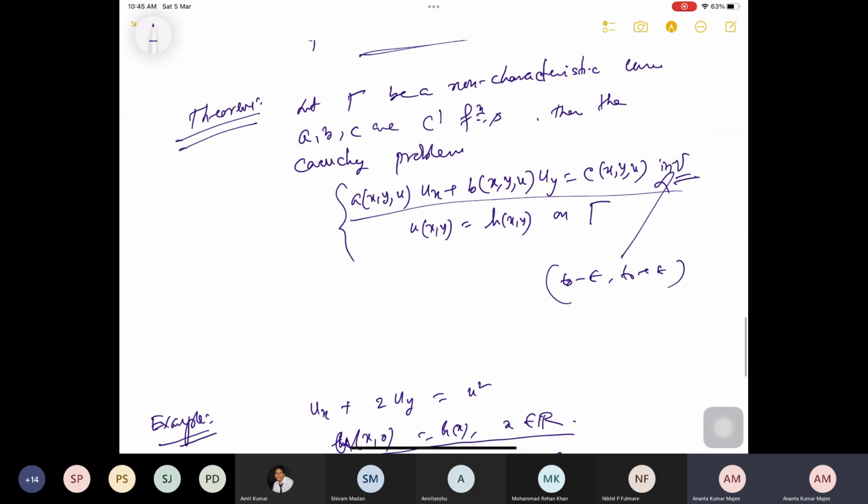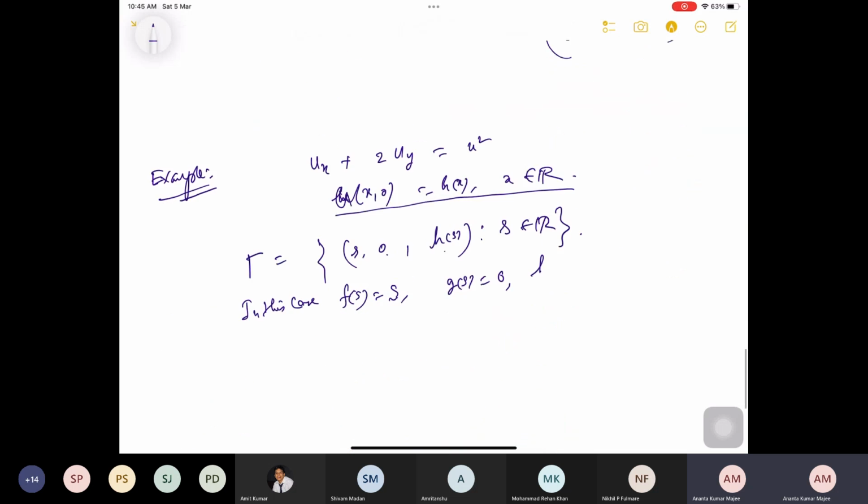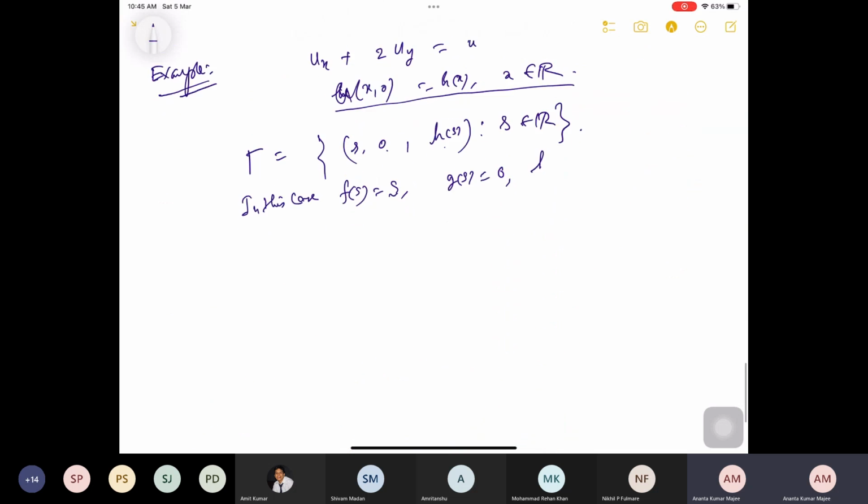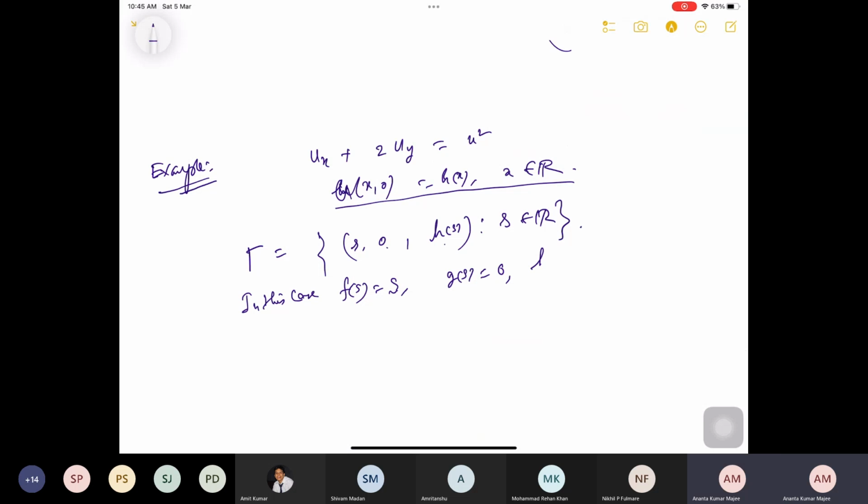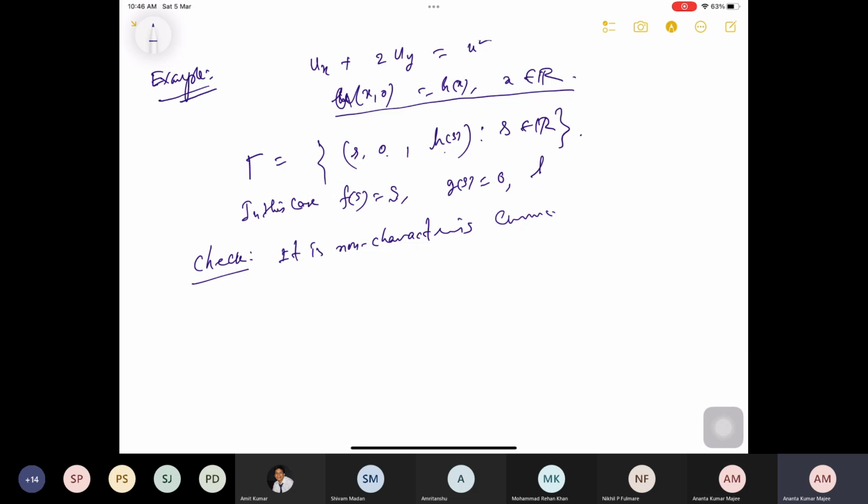So whether b is non-zero or not? In this case, what is your b? a u_x + b u_y = c, so b is equal to 2, which is non-zero. That means it is a non-characteristic curve. Or you can think of the Jacobian J being non-equal to 0, non-characteristic curve.